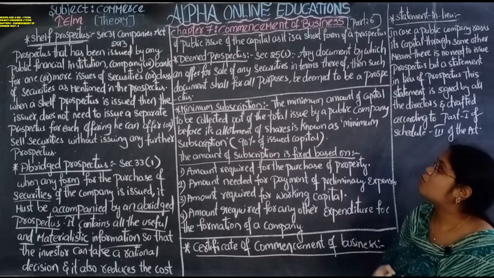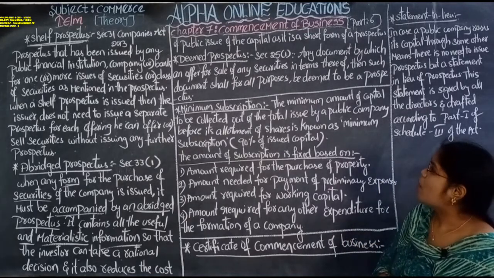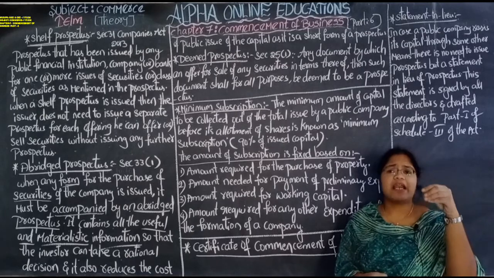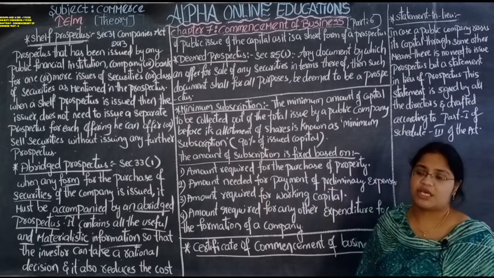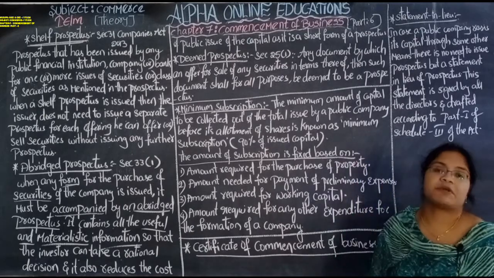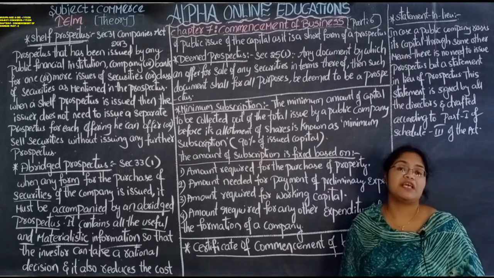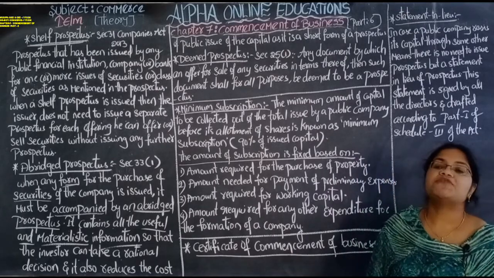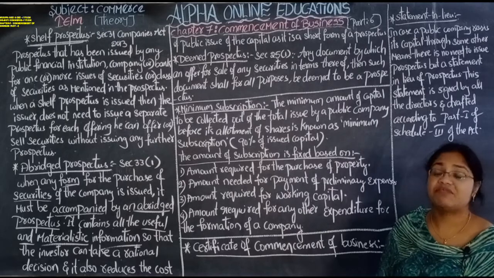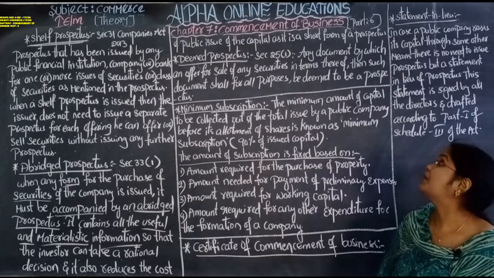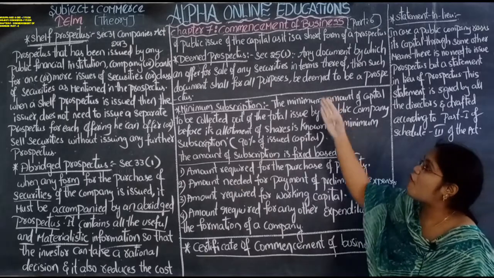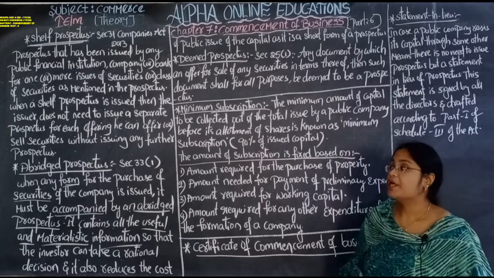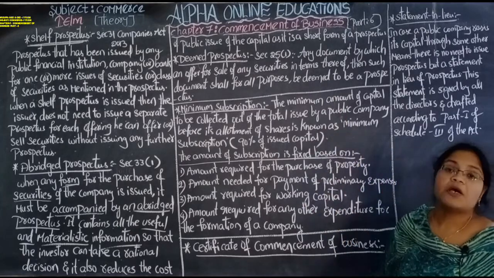So if there is any offer for the sale of securities, at that time a deemed prospectus will be issued. It will be used for the sale of the securities. If there is any offer for the sale of the security, this type of document will be issued. So this is about the types of the prospectus.